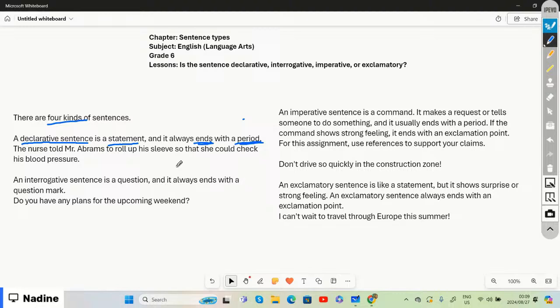Another statement could be where you, for example, say, I have so many siblings. I have two siblings, one sibling, I'm the only child. That is a statement that you're just making. You're just telling us something. Or another example of a statement is where you say, today is a beautiful day, or it is raining outside, or it is sunny outside.